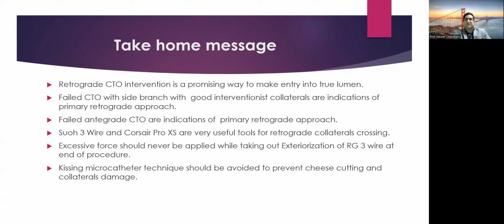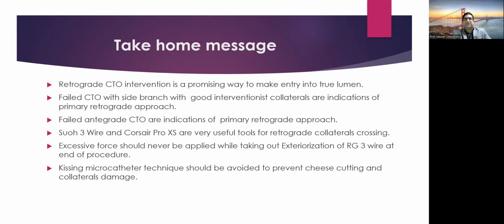And many times kissing microcatheter techniques can be used to avoid the cheese cutting and prevent collateral damage. So in 10 to 20% of the cases, it would be possible to go from retrograde true to true lumen. So this is how we discussed in this particular session.